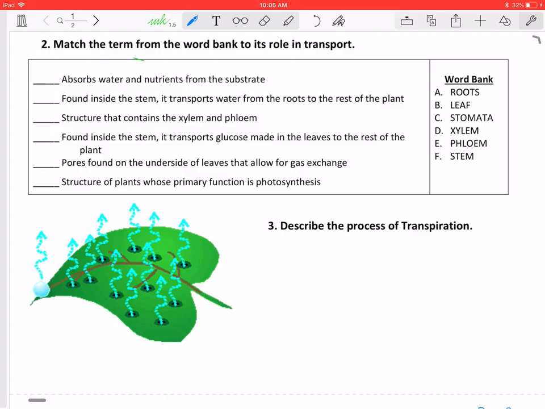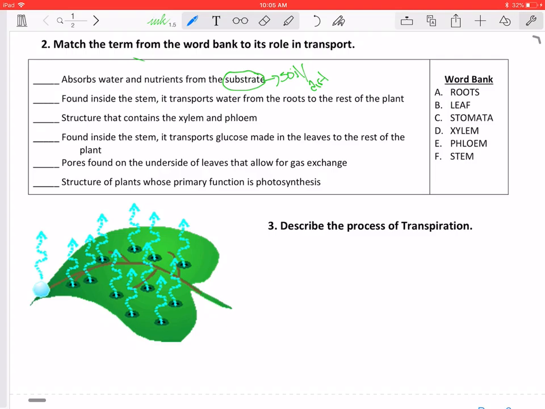So read these here and then identify ones that I know for sure and feel confident about. So this absorbs water and nutrients from the substrate. One of the questions I got here was well, what's substrate? Substrate is essentially a fancy term for soil or dirt. Okay, so substrate, so this is absorbing water from the soil.